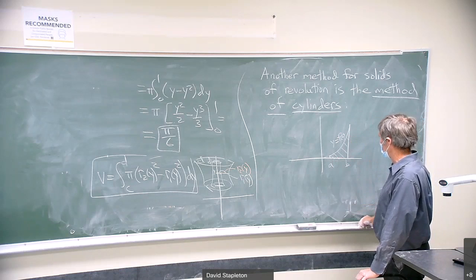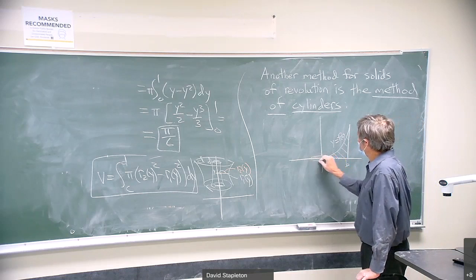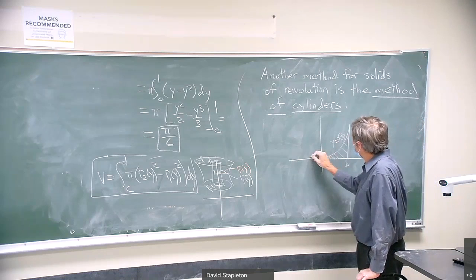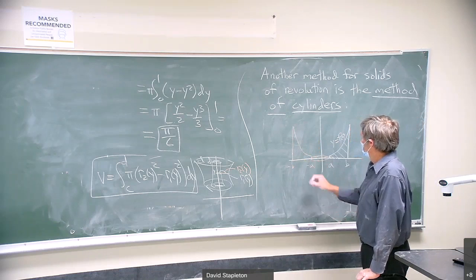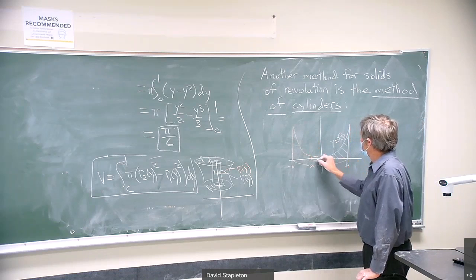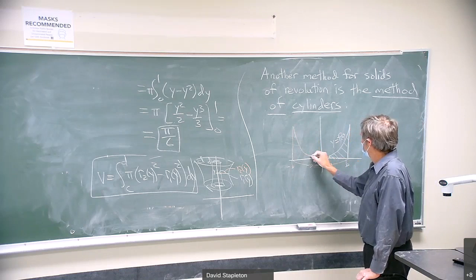And suppose I revolve that around the y-axis. So I generate a solid that looks like this. Copy of this on the other side. Let's be minus b and minus a. All this around, I create the solid this way.